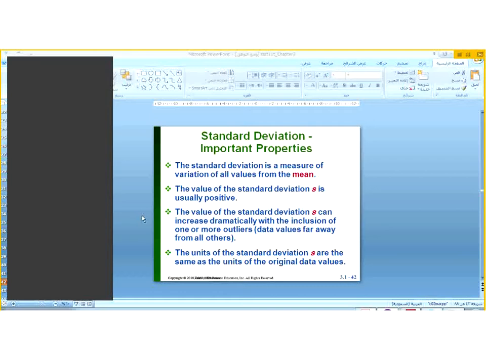Let's start from where we stopped last lecture. Let's remember first, what did we take? We already took the measures of center. What were the measures of center? Remind me.